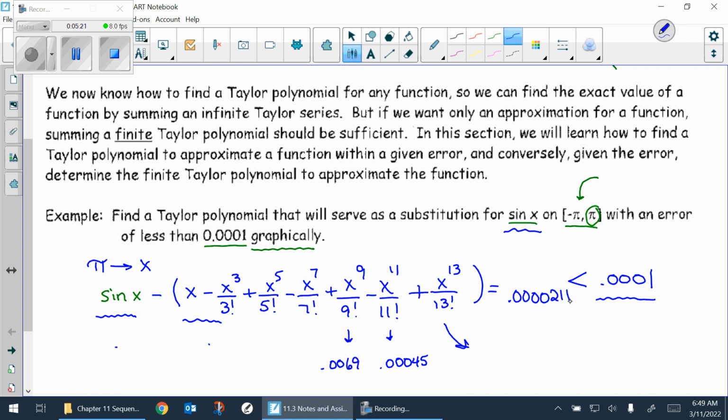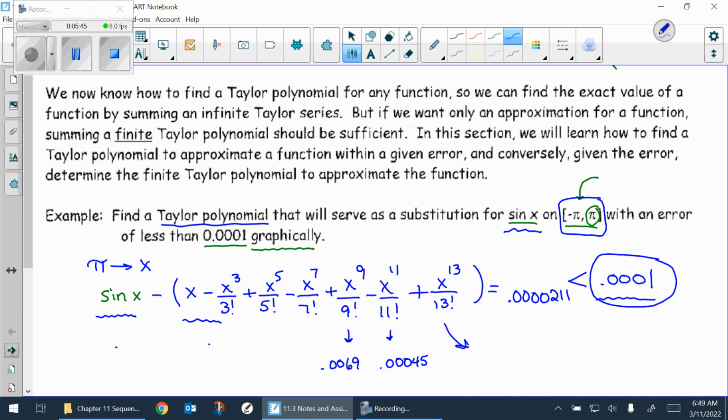And so by trial and error and lots of trials, I have found the Taylor polynomial, a finite number of terms, for sine that will get me really close as long as I stay within this interval right here.